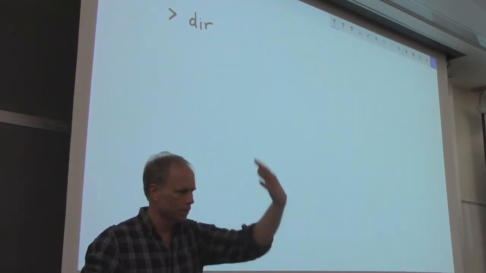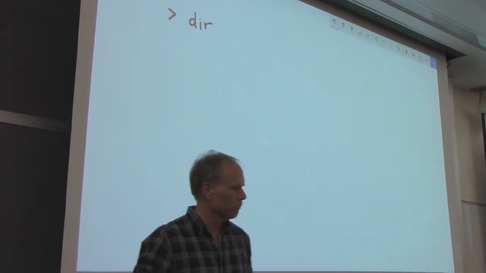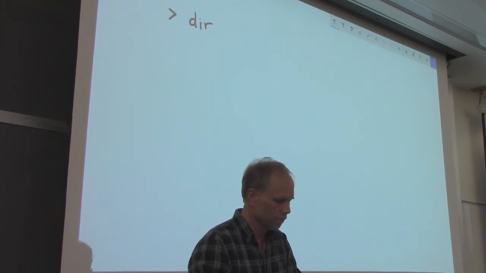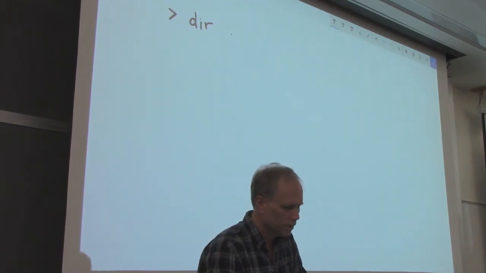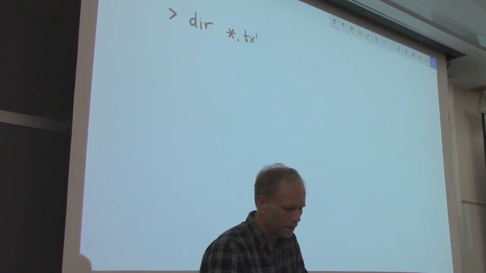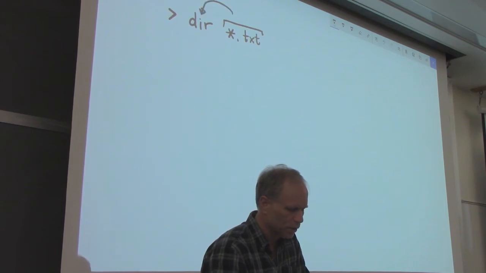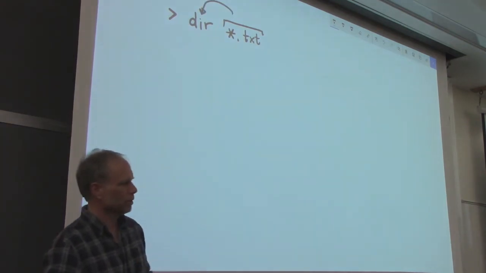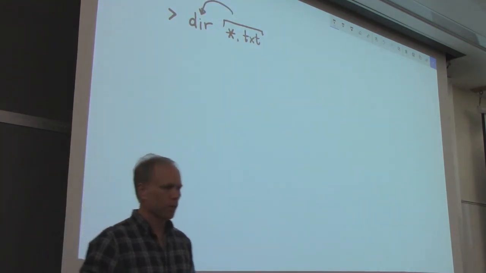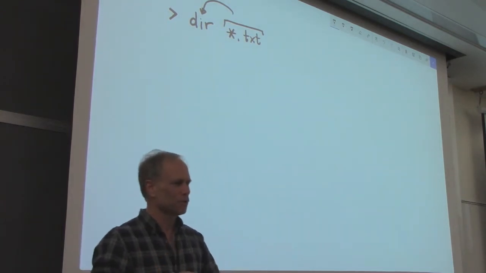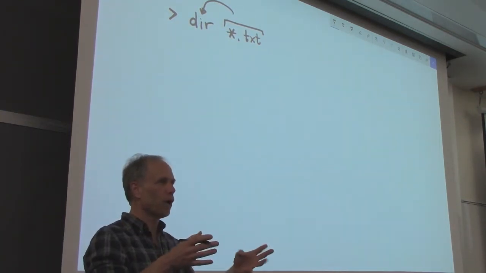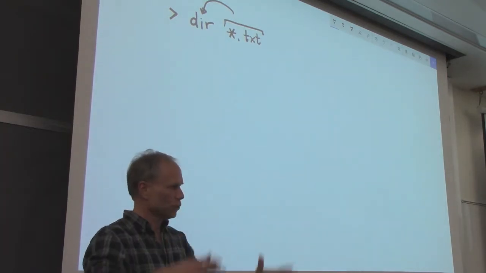It lists all the files in the current folder. If I say dir star.txt, this string is sent to dir as a parameter, and the dir program looks at the parameter and figures out, oh, he wants all the files that end with .txt. And it just shows me that.